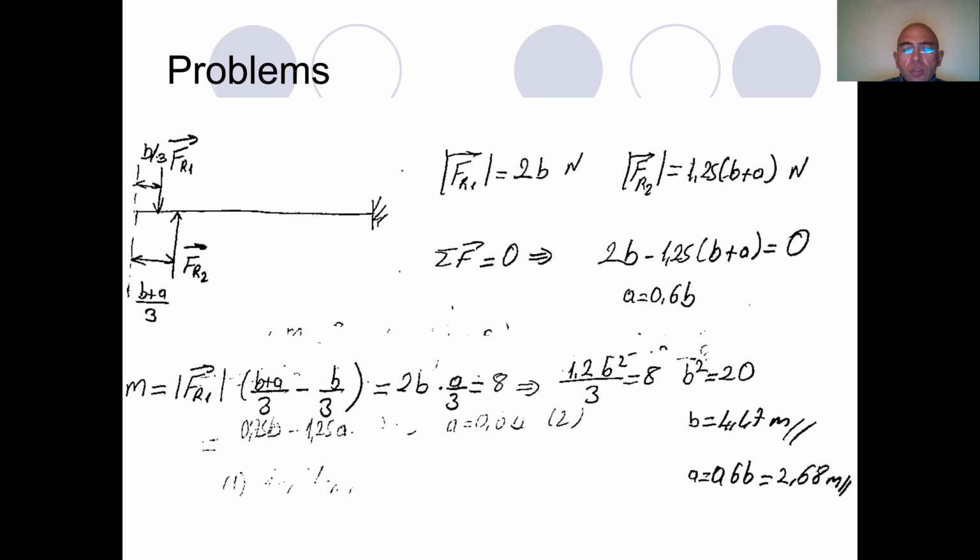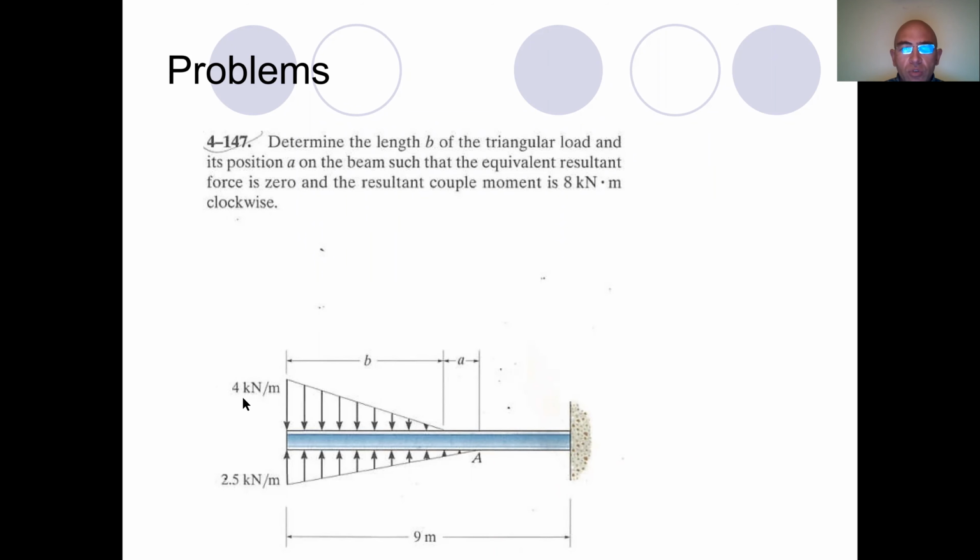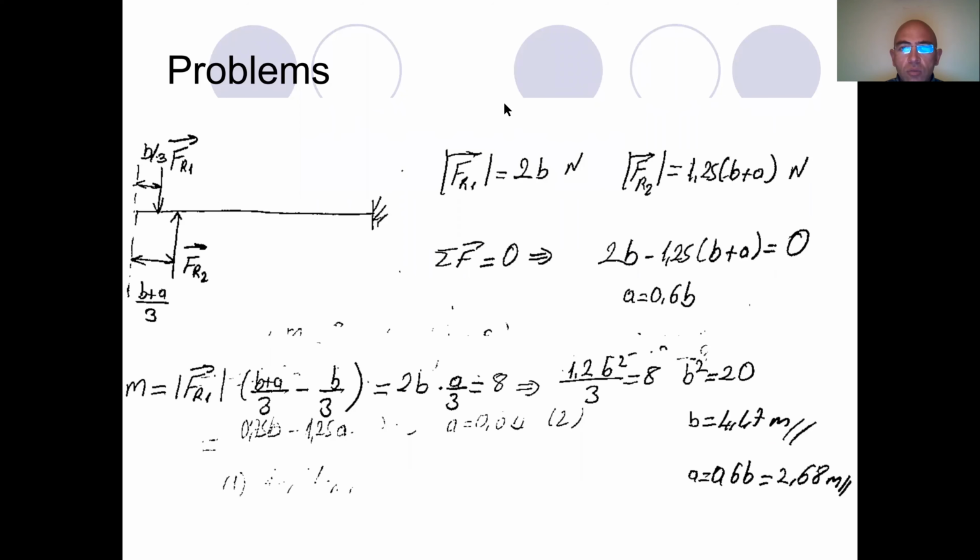Now first we are wanted to calculate the magnitude of the resultant force of each distributed load. First is FR1. So remember that the magnitude of the load is 4 kilonewtons per meter. It acts at a length of B. Therefore, the area under this load is 4 times B divided by 2, and it makes 2B.